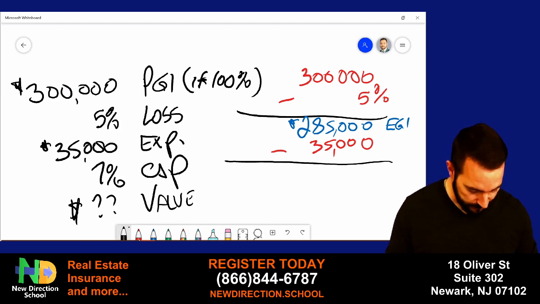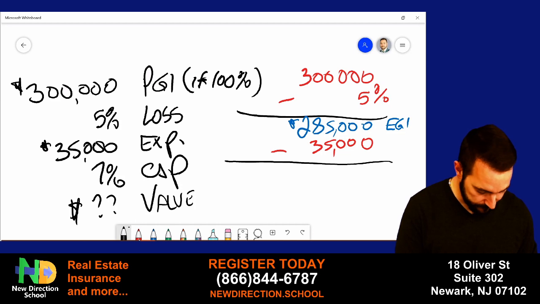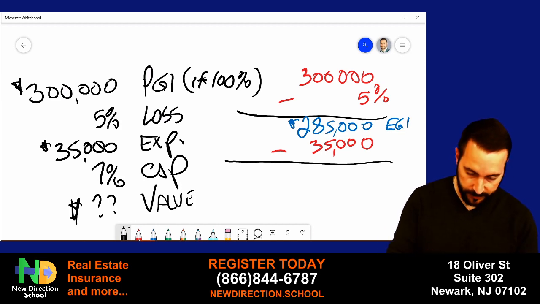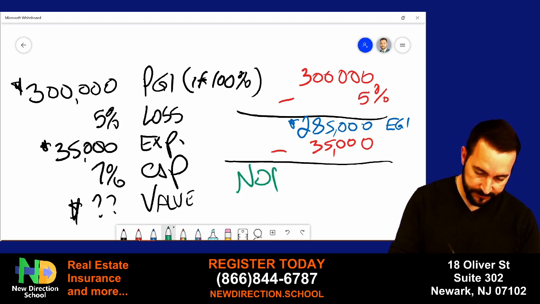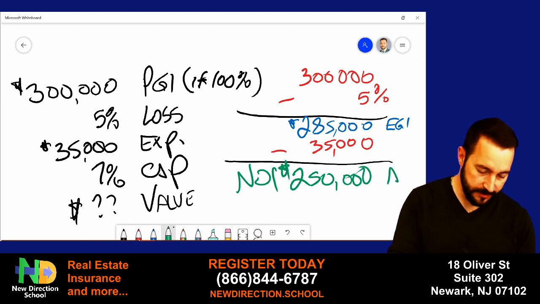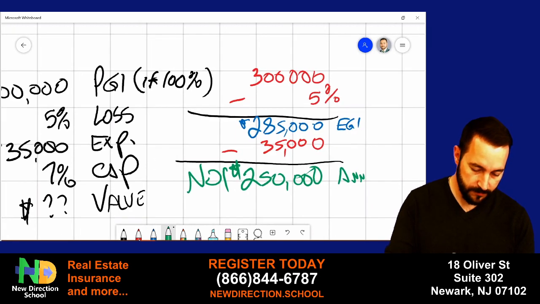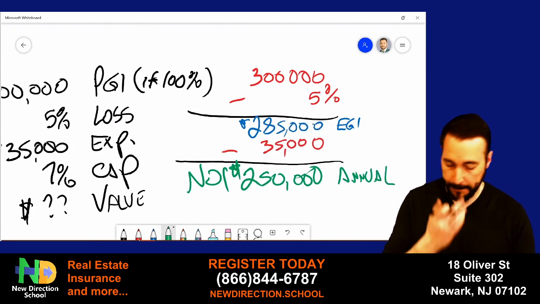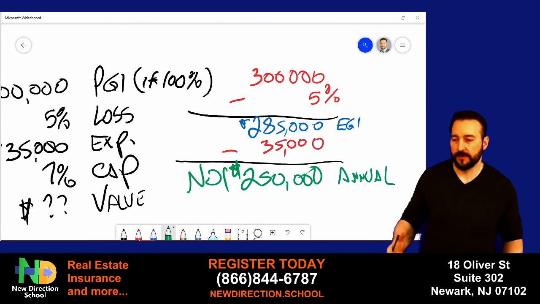And that tells you guys that this property brings an NOI of $250,000. This is the NOI, and this is annual. Okay? So that was simple.